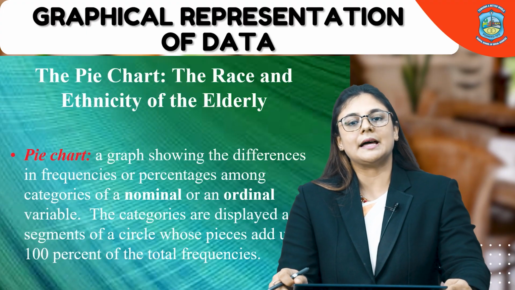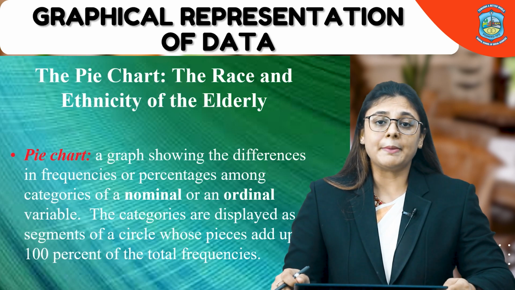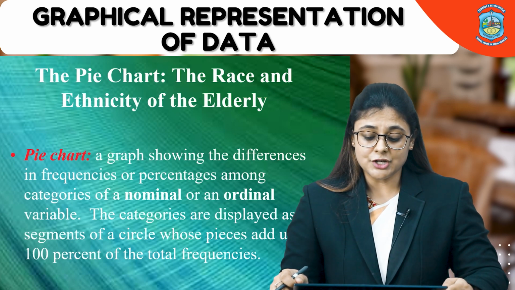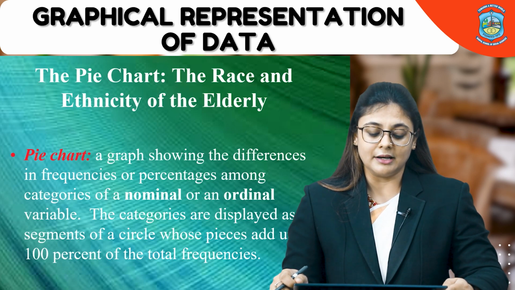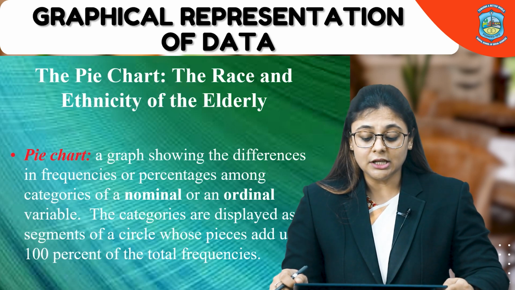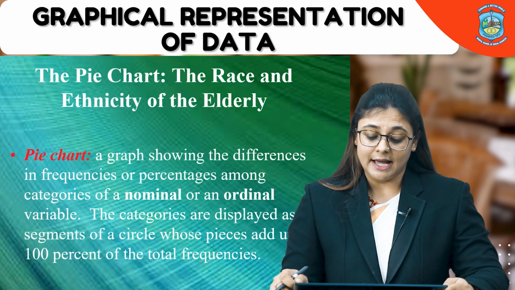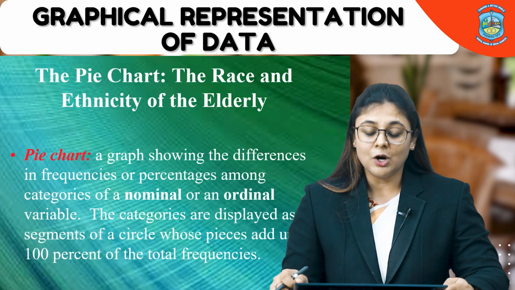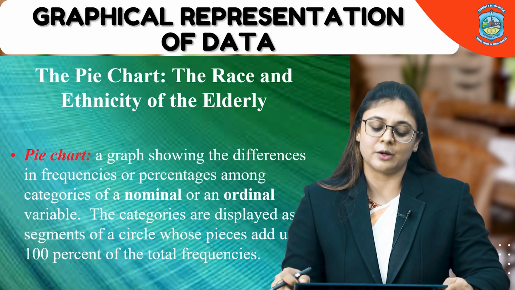Now let's take a quick example and see what is the utility of the pie chart. A pie chart, or we can say a pie graph, shows the differences in frequency or percentages among the categories of nominal or ordinal variables. The categories are displayed as the segments of a circle whose pieces add up to 100% of the total frequencies.